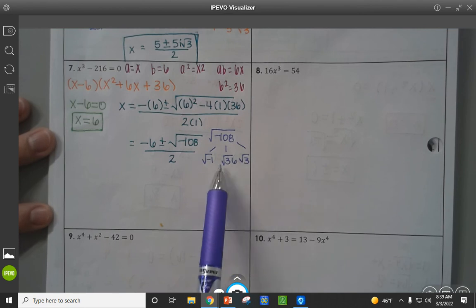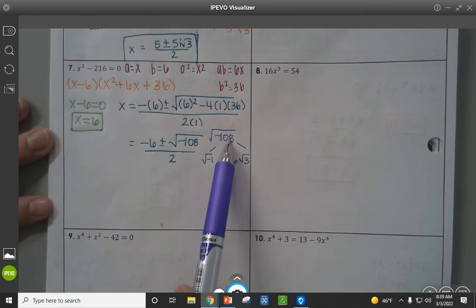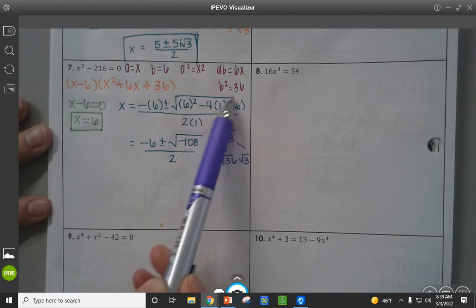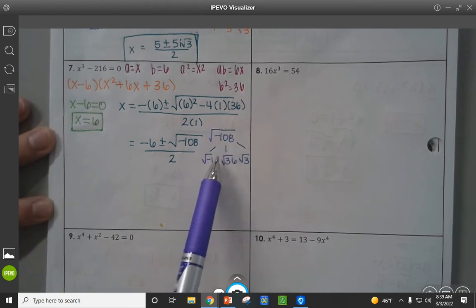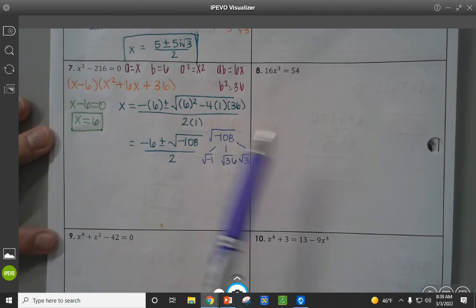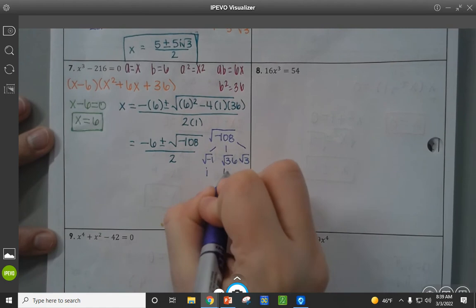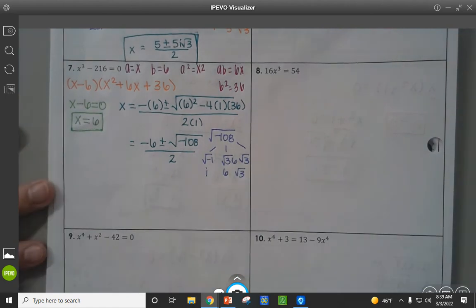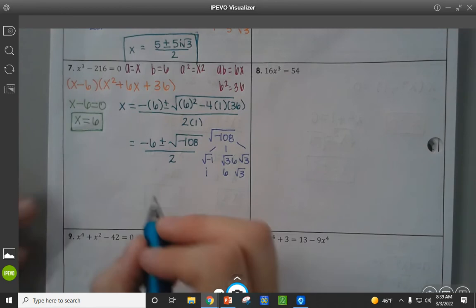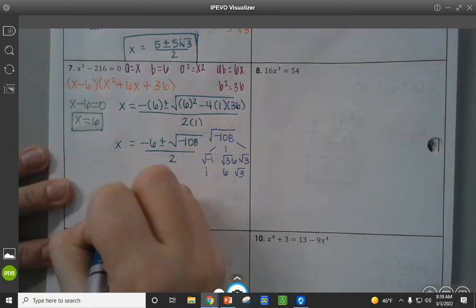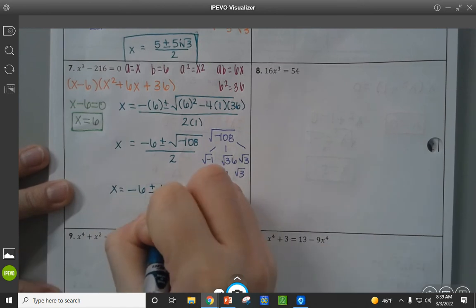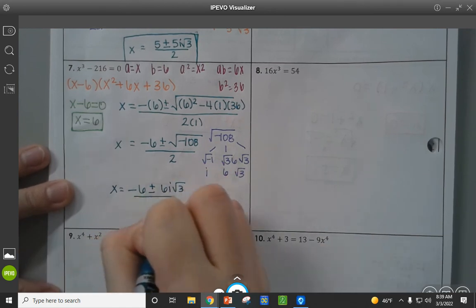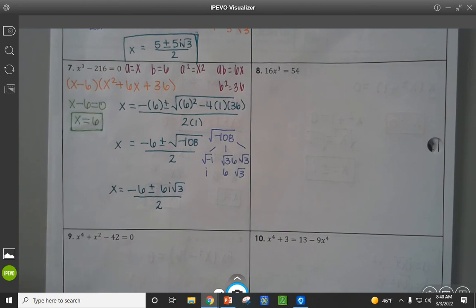And then 36 times 3 is 108. Most of the time, the perfect square that you get down here is this number. Usually. Unless you have an A. So this is i, this is 6, this is still square root of 3. So negative 6 plus or minus 6i square root of 3 over 2.